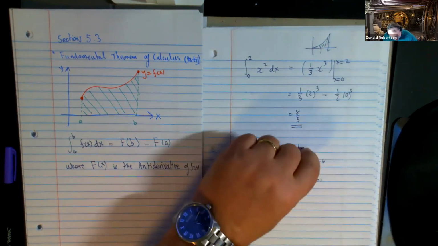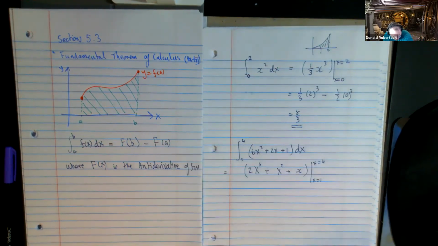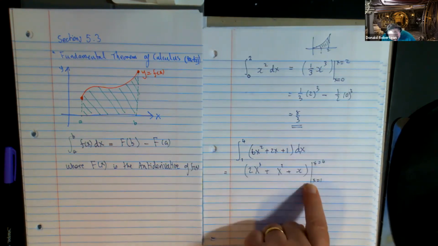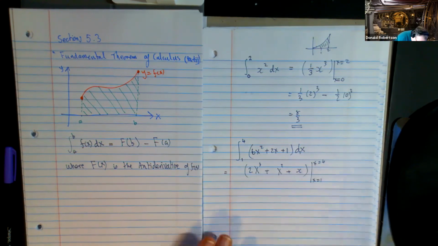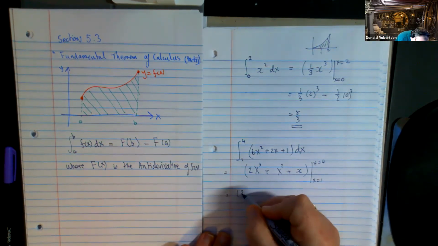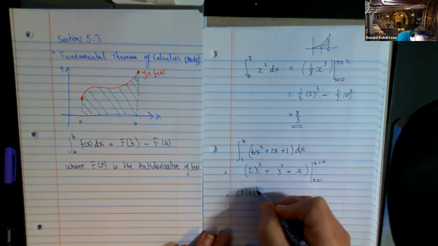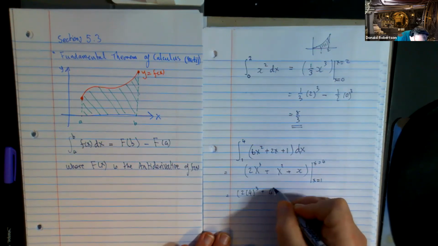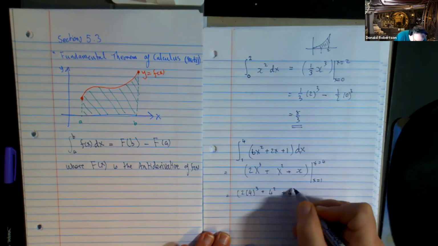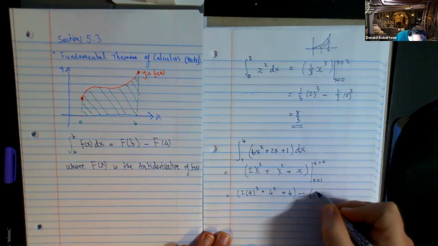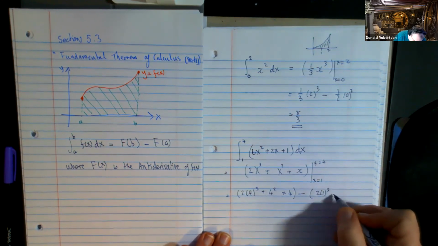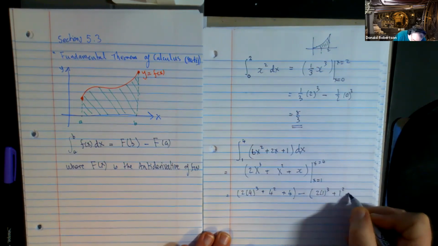So think of that vertical line as the words evaluated at, right? So there's the antiderivative, evaluated at x equals 1 and 4. So it's going to be 2 times 4 cubed plus 4 squared plus 4. Take away 2 lots of 1 cubed plus 1 squared plus 1.